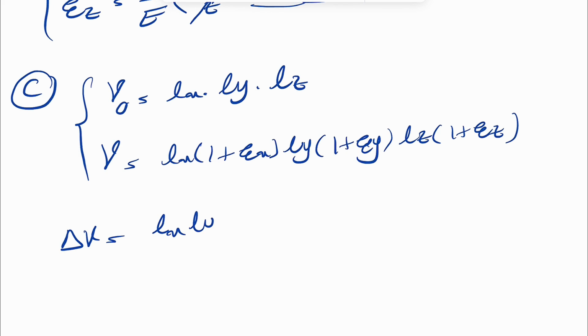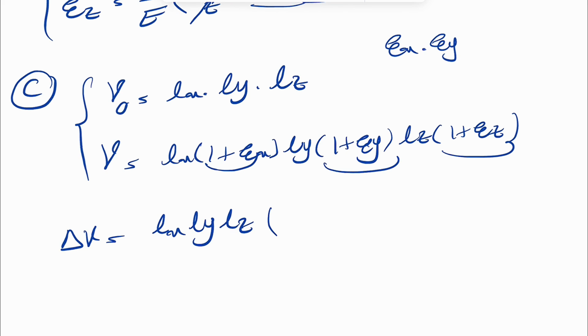We have Lx, Ly, Lz, and now we have these three that we need to multiply. Again, whatever value that we have for more than one epsilon, so epsilon x, epsilon y, we're going to consider 0. And if we have all three, it's going to get even smaller.